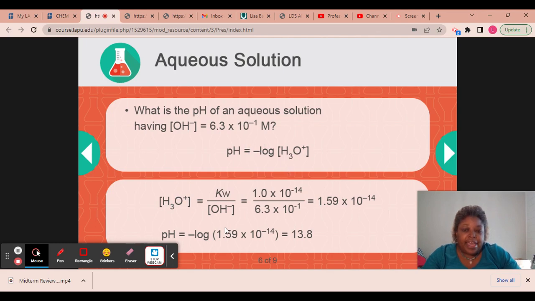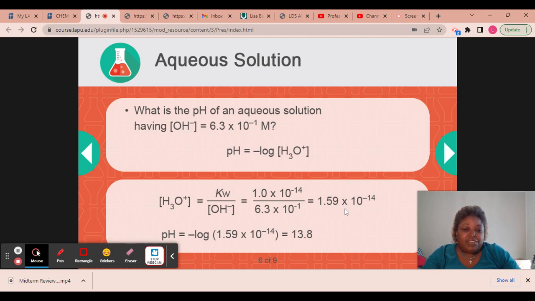And so in order to do that, you're going to take H3O plus is equal to Kw, which is known as an equilibrium constant for water, divided by the concentration of OH minus, which was given in the problem. Kw has a value of 1.0 times 10 to the negative 14. That value doesn't change, okay? So we're going to divide that by 6.3 times 10 to the negative 1. We get 1.59 times 10 to the negative 14.